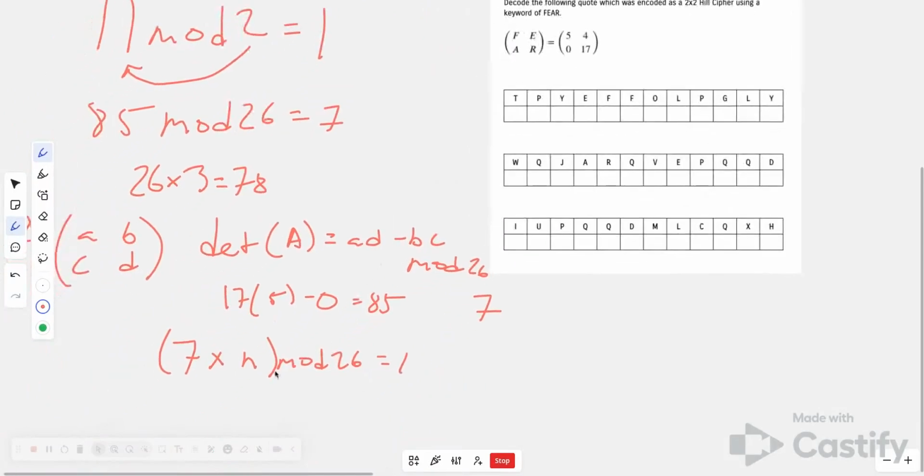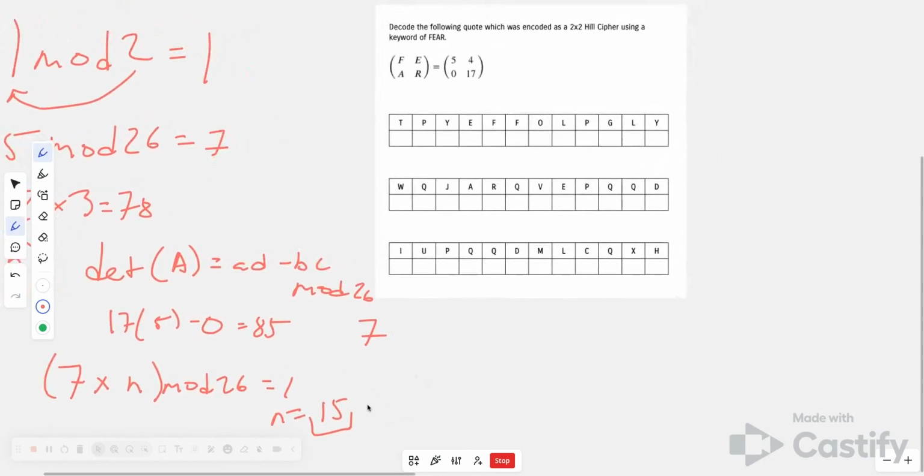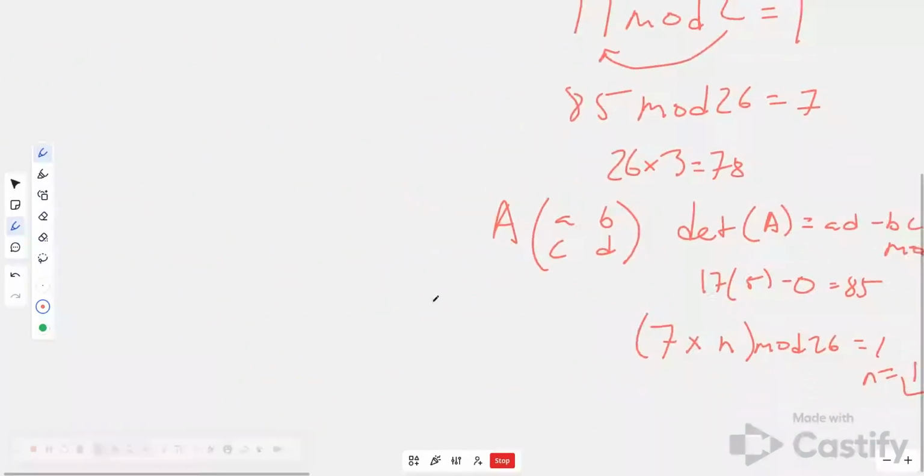So n would be 15 in this case, and this is the number that you're going to be using from now on. We also have to find another matrix called the adjoint matrix. The way we do that for 2x2, back to the general formula, is that the adjoint matrix would be D, negative B, negative C, A. So we flip D and A, and then we make B and C negative.